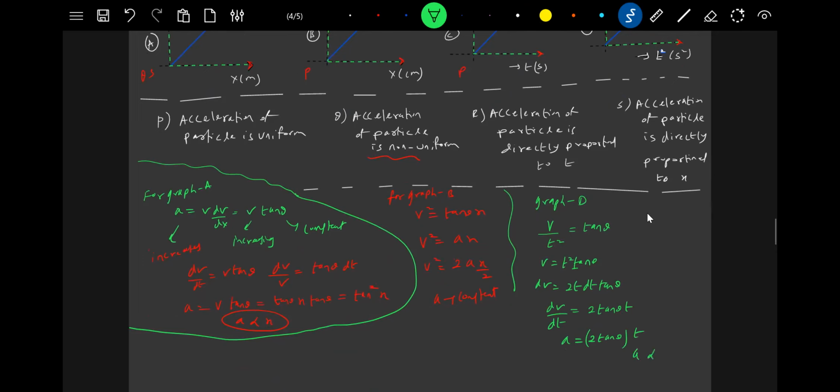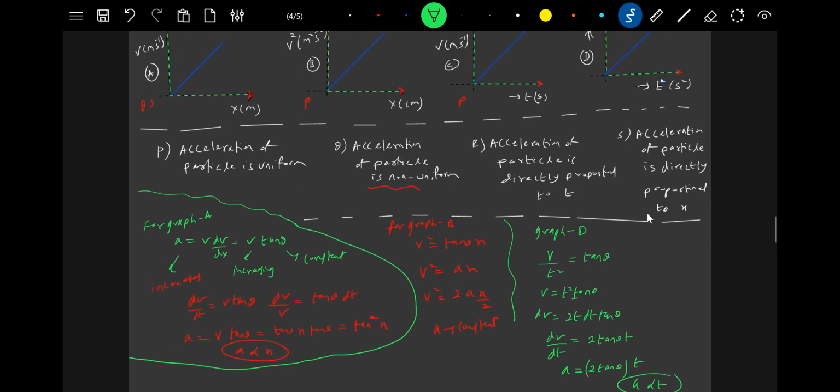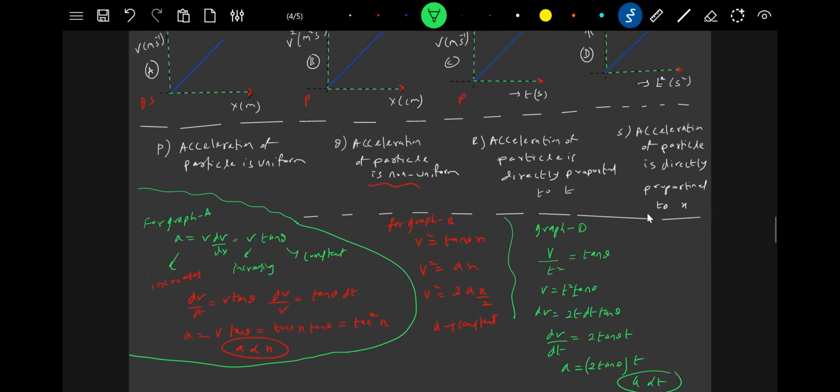So what is finally proportional to t? Acceleration is proportional to t, so acceleration will be non-uniform. Okay, I'll pick up Q.